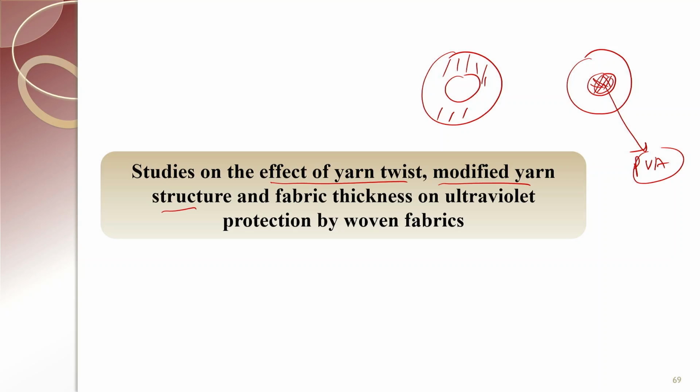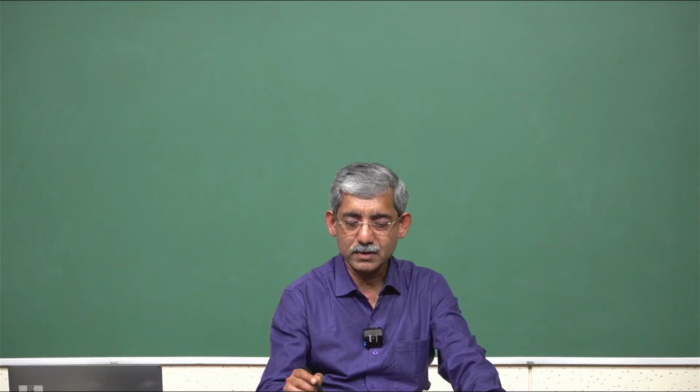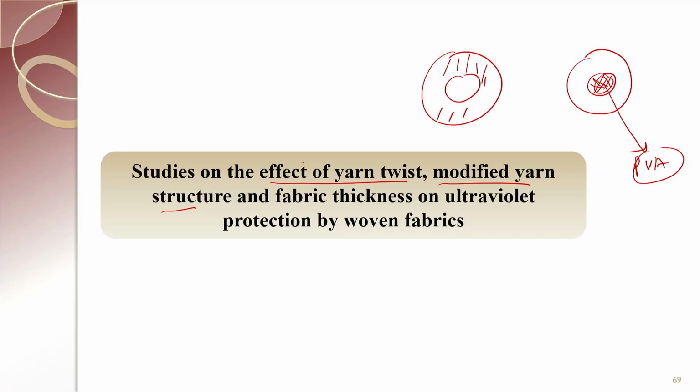So, that modified yarn structure's characteristics we studied, and what is its effect on the UPF characteristics. This hollow yarn, the main difference would be that for the same yarn linear density, the diameter will be high.